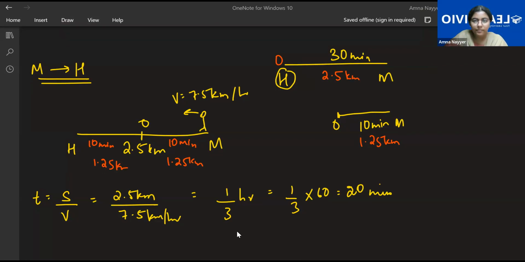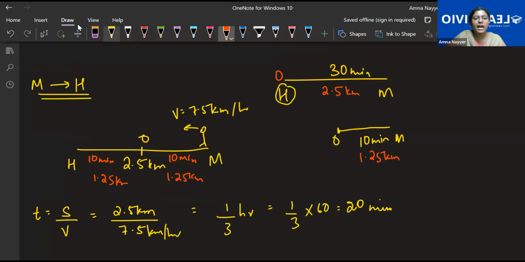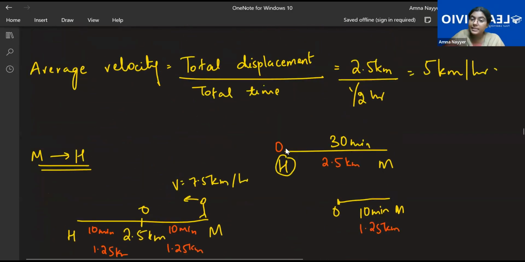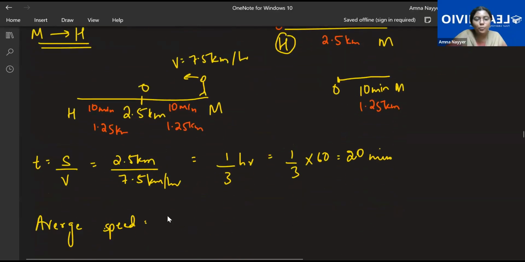Yes, ma'am. Okay. Basically, when we are talking about the average speed, let's calculate the average speed. So average speed will be total distance. Now what will be the total distance? This distance that he covered from home to market plus this half distance: 2.5 plus this additional half, 1.25. And what's the total time? Total time is 40 minutes, that is 2/3 of an hour.